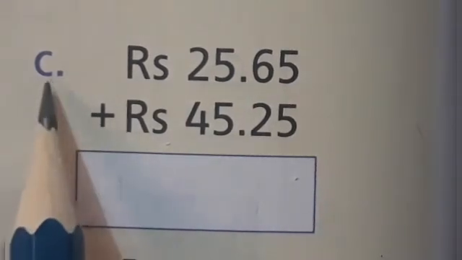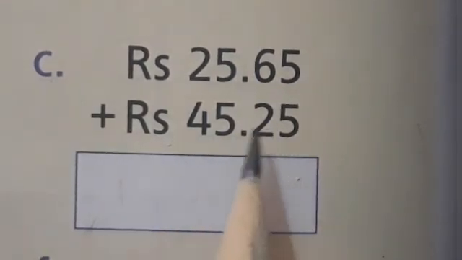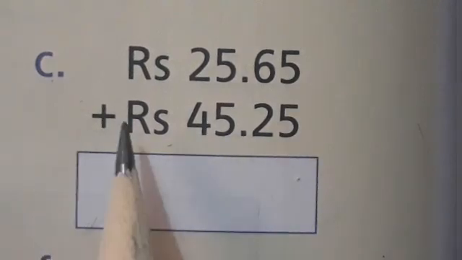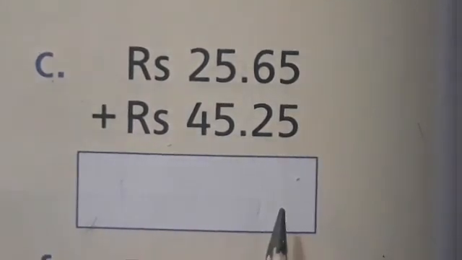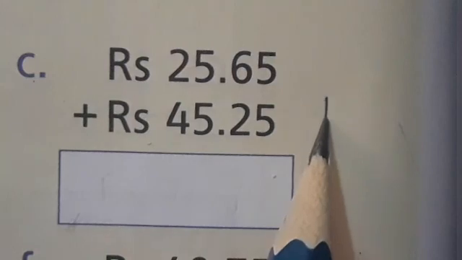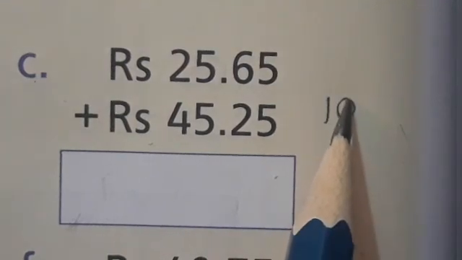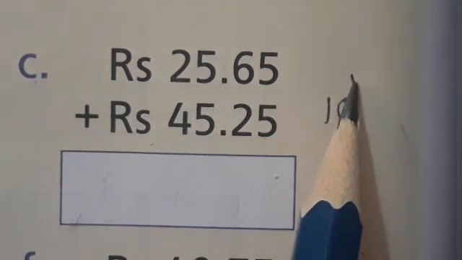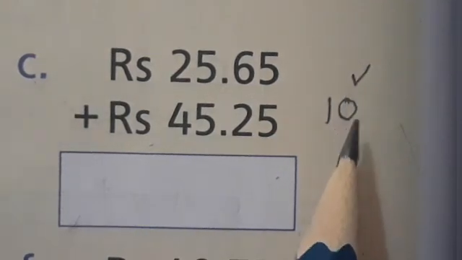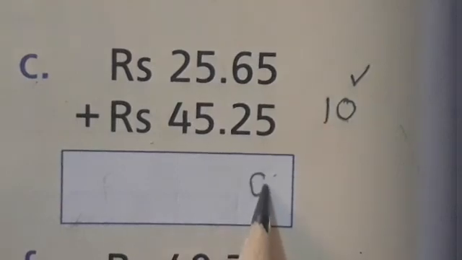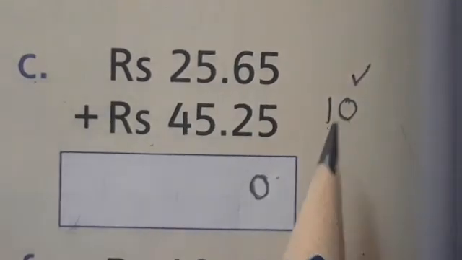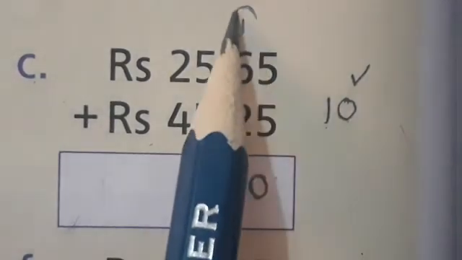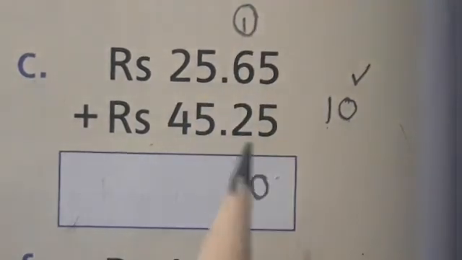Now move to part C, question number 8. 5 plus 5 is equal to 10. Students, again we will write 10 in the working column and we will choose which digit? Right side digit. This is our right side, so we will choose 0 over here and 1 will move on to the next number.